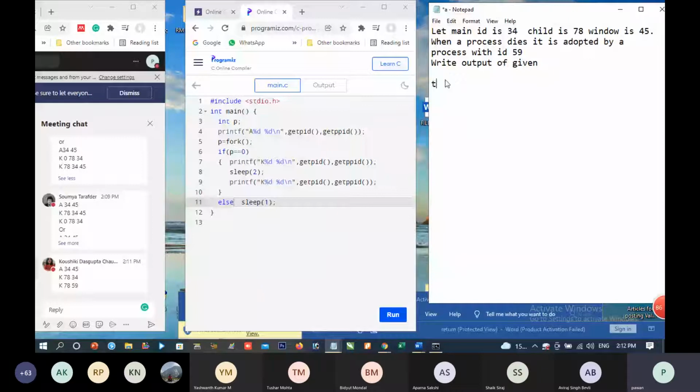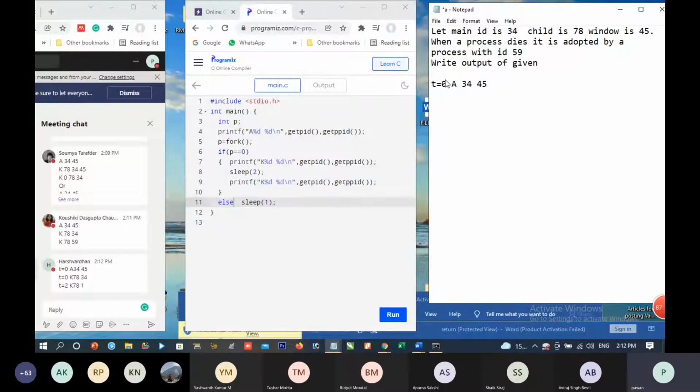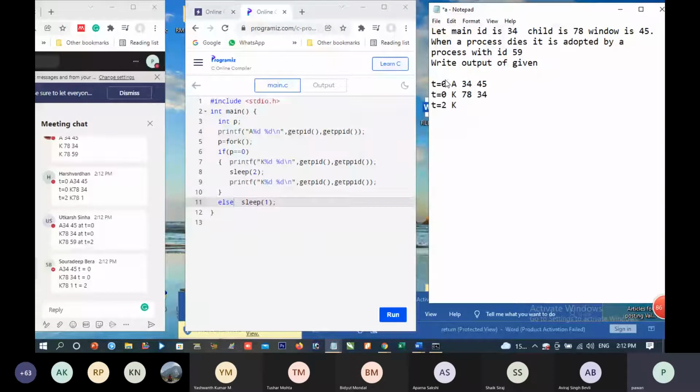At time t equal to 0, A 34 45 is printed. After that, at the same time, K 78 and 34 are printed. At time t equal to 2, K 78, 59 are printed.